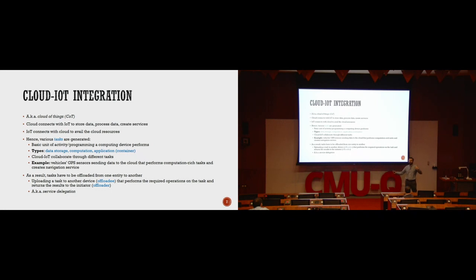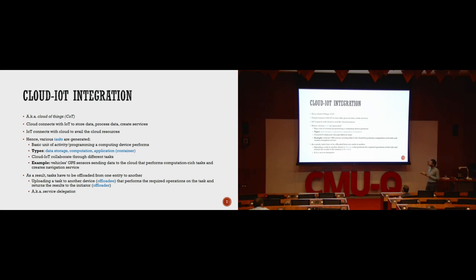On the other hand, since cloud is abundant in resources, cloud would be looking to receive data from different sources so that it can build applications and different services based on that data under different conditions. That is why both cloud and IoT would talk to each other. Once they talk to each other, they generate tasks in different forms.